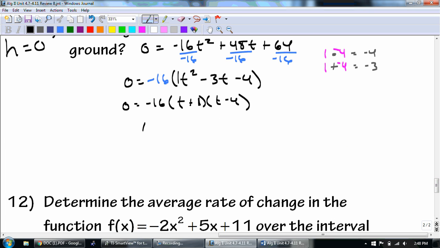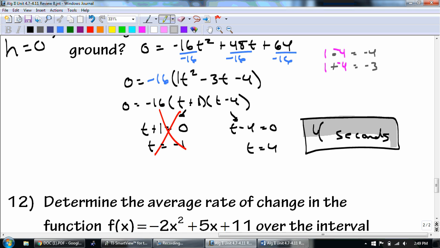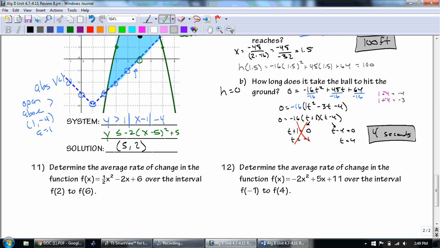And then we set up everything with a variable equal to 0. So we have t equaling negative 1 and t equaling positive 4. We know that we can't have negative time. So our answer is 4 seconds. All right.